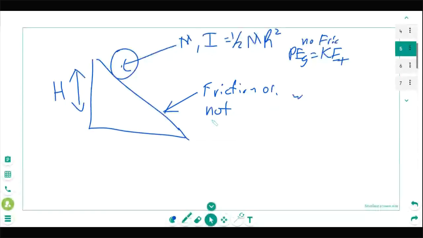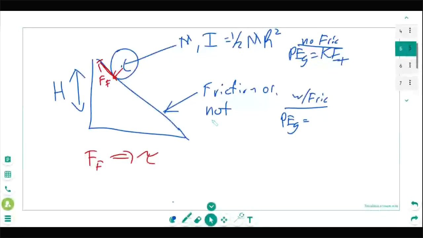With friction, we still start with potential energy due to gravity, but now we have some sort of rolling. Friction is going to make a torque. It's going to act at the bottom of our sphere, pointing perpendicular to the radius, which means force of friction gives us a torque, which means we start rolling.